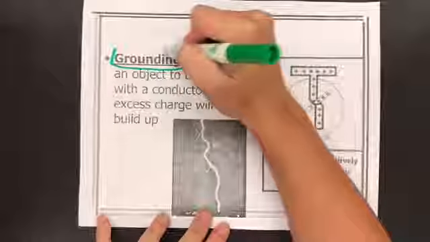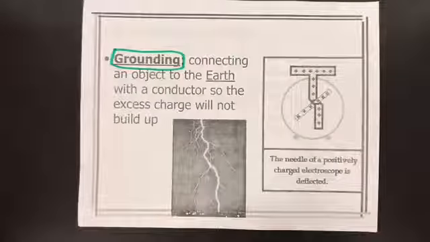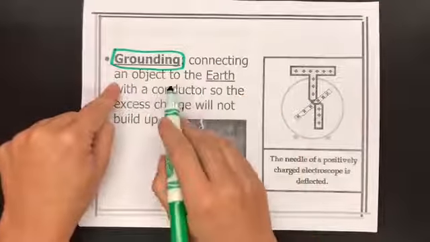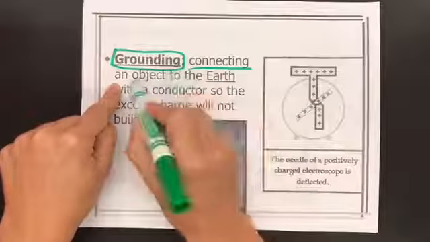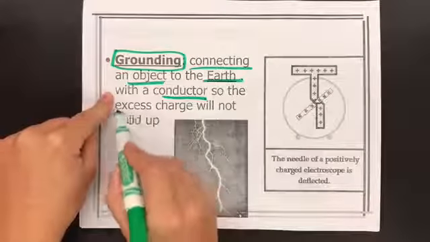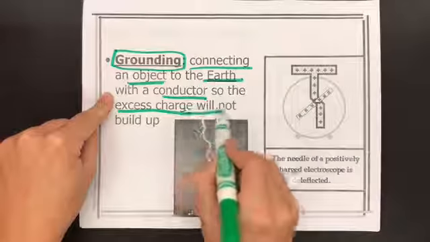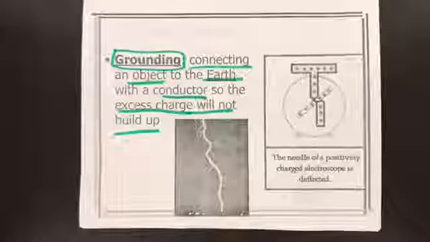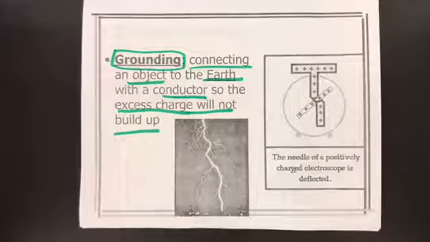Grounding. It's literally what it sounds like. You are grounding, connecting an object to the earth with a conductor, so excess charge will not build up. Every single house has to have this. Can you imagine having a house without a ground?